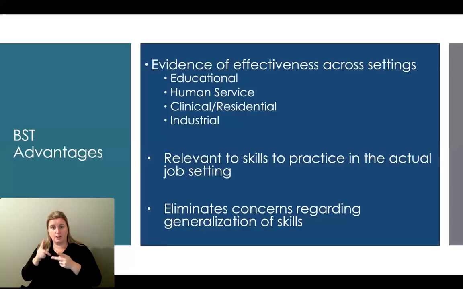So for our peer educators, with the shift in roles and responsibilities, it will provide them with an opportunity to become trained and skilled in the skills that they will use on a consistent basis in their classroom practices, in their instructional procedures, in the procedures that are going to help our students actually acquire the skills that they need. Eliminate concerns regarding generalization of skills, of course.